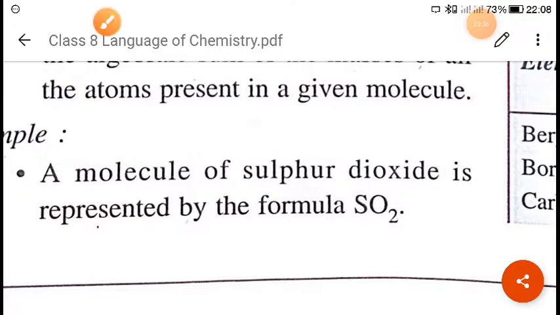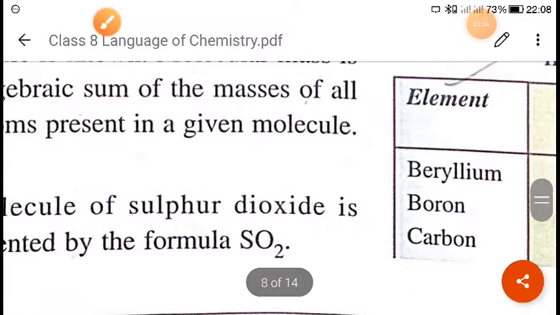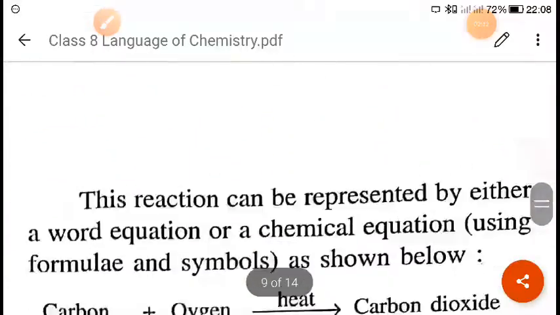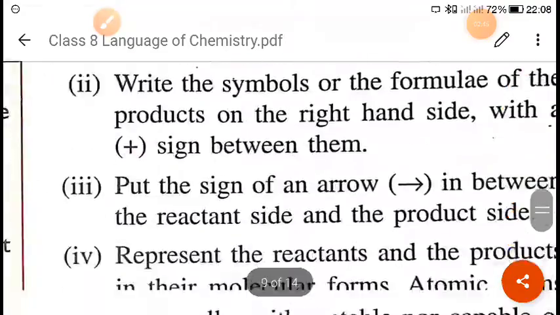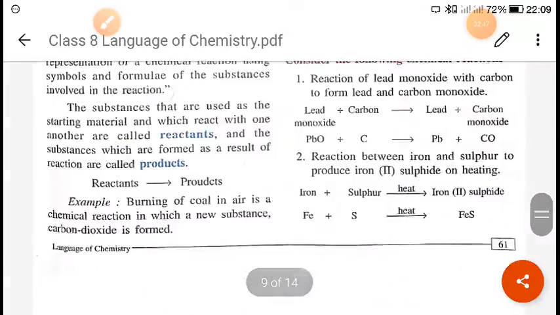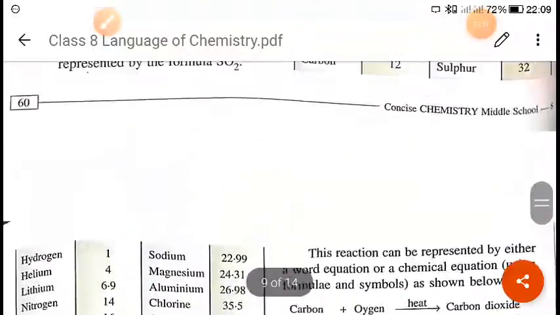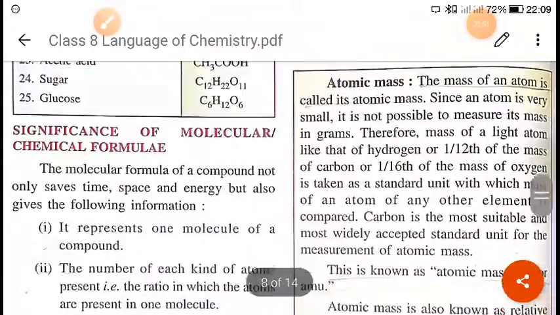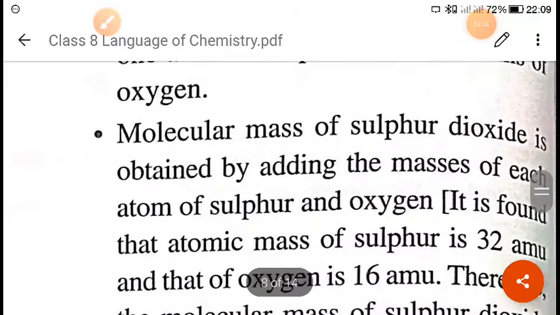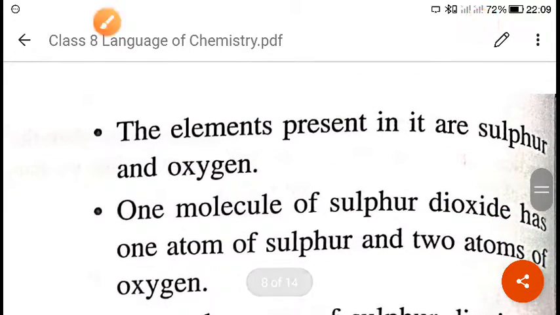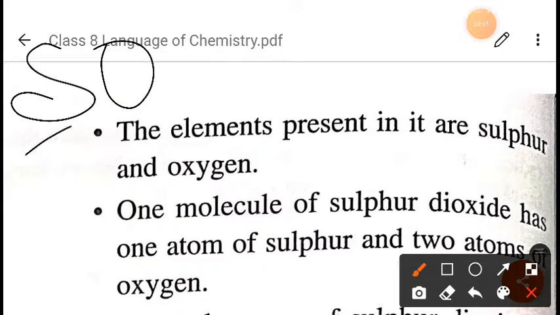The elements present in SO2 are sulfur and oxygen.